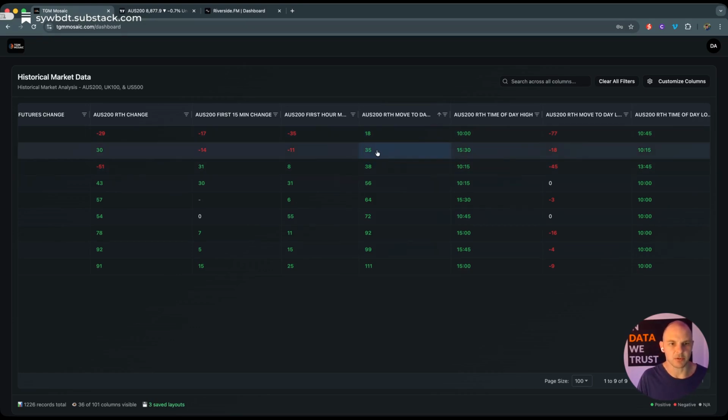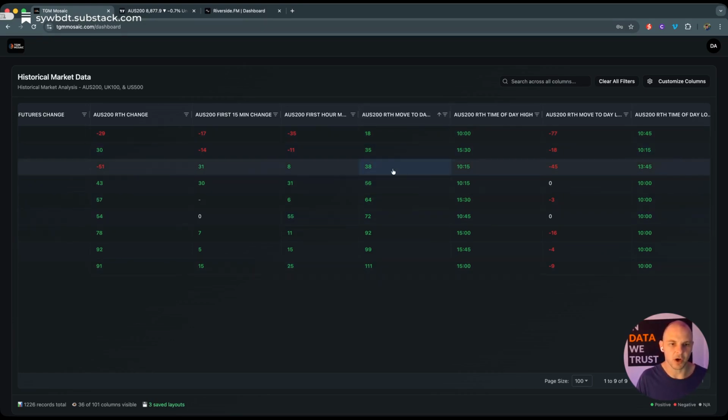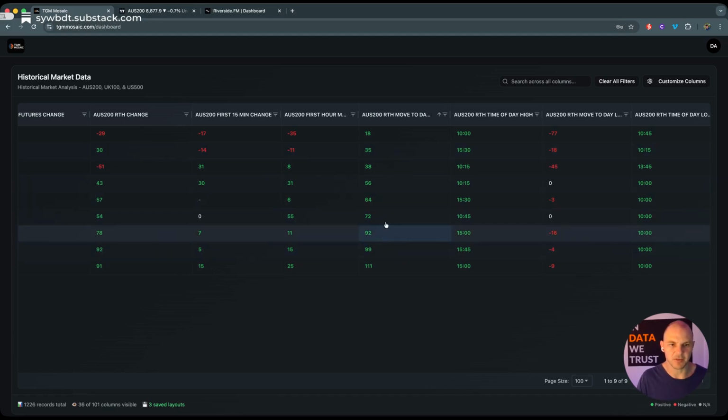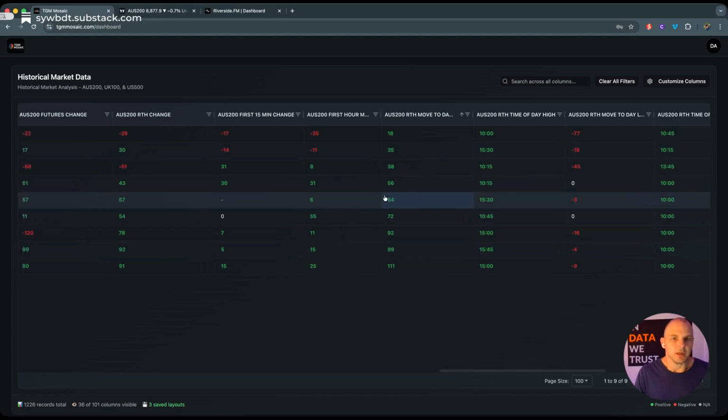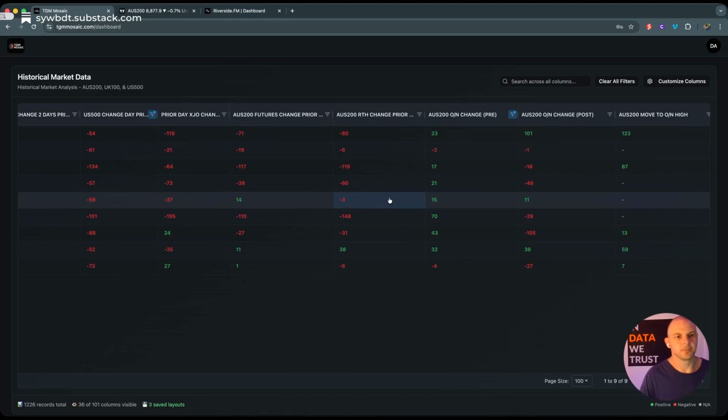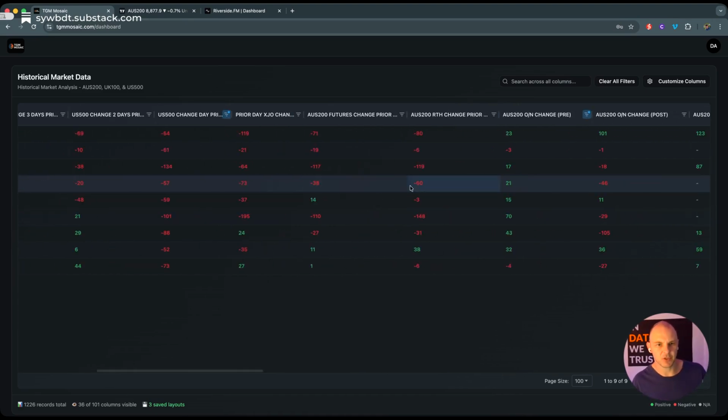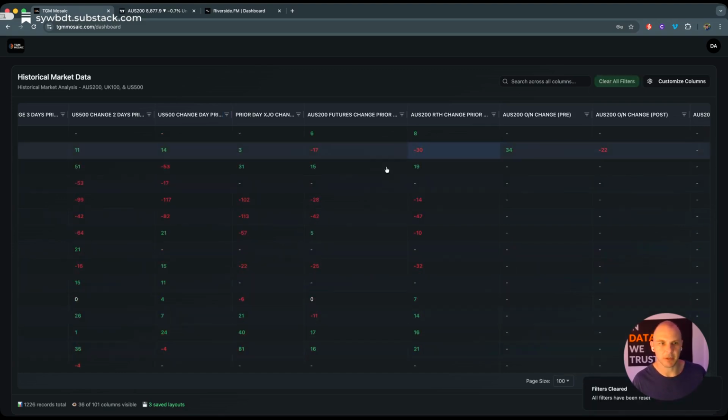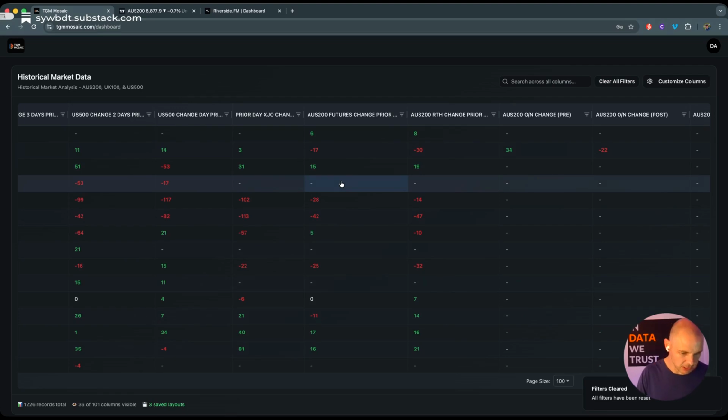And 8 out of 9 times we've rallied at least 35 points to highs, with some pretty massive numbers here. So that gives you a really good indication. Again, sometimes this stuff just stops you from doing something stupid, which I'm very, very inclined to do.